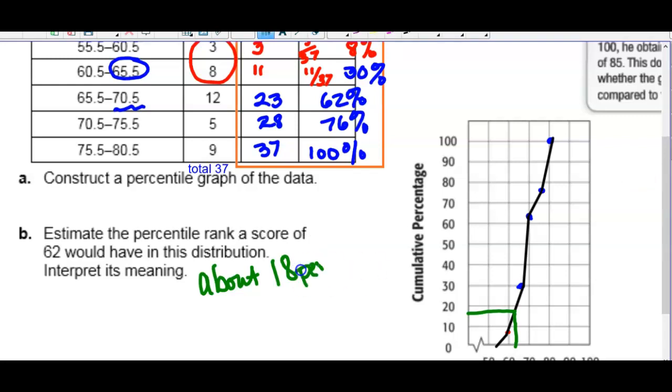I'm trying to keep those clear. So a score of 62 would be about the 18th percentile. So not very good. If you want to be above the 76th percentile, top fourth of the class, you had to score above a 76 on this particular test.